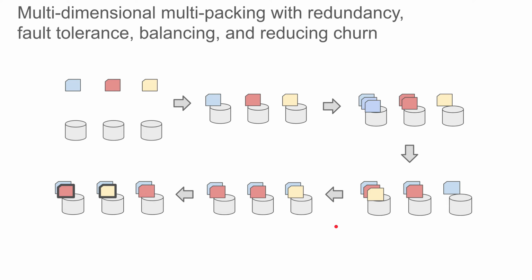In just a few steps, in like 5 minutes, we went from just placing items in bins into multi-dimensional multi-packing with redundancy, fault tolerance, balancing, and reducing churn. And this really depicts how it happens in practice.